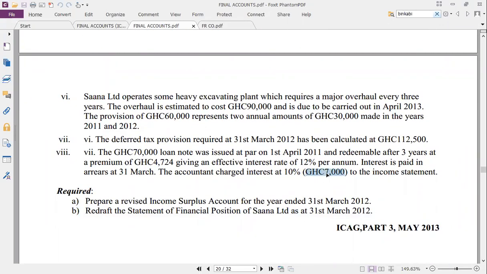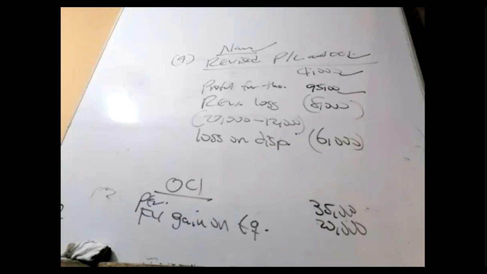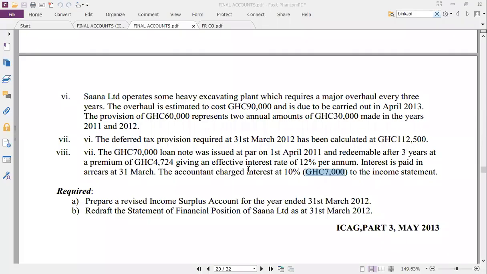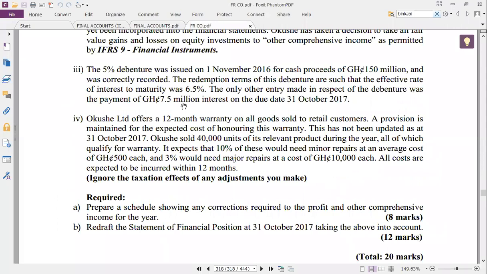If we take into account the 7,000, that particular footnote is actually the same thing in here. So the 7.5 million interest on the debenture has been recorded.